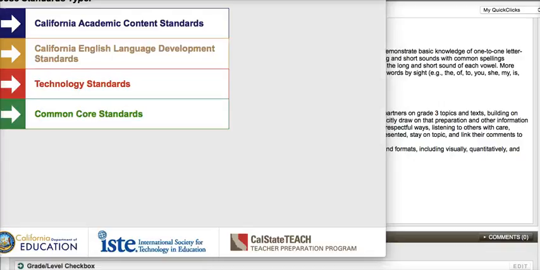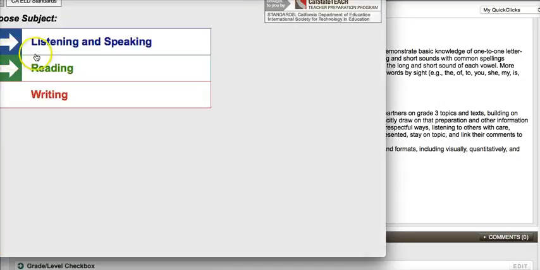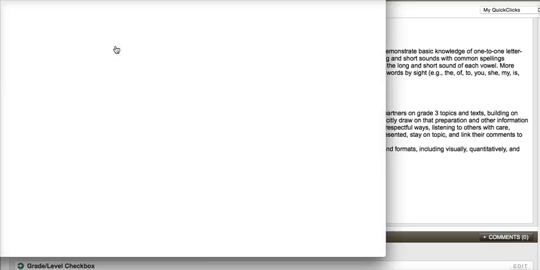regardless of the lesson that you're teaching, you must also identify English language development standards. So I'm going to open them up, and I already said that it was going to be in listening and speaking.